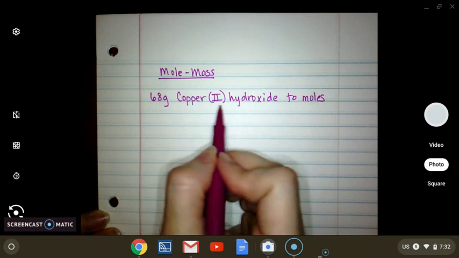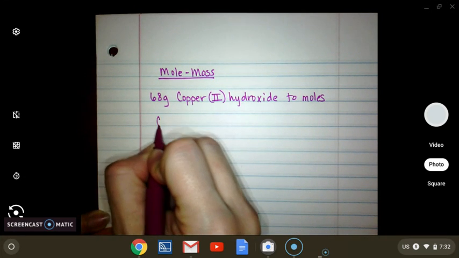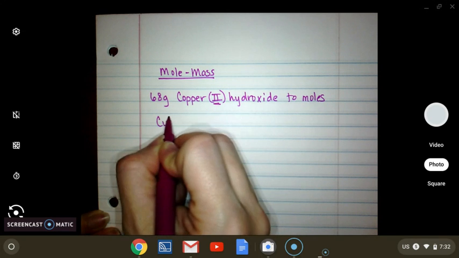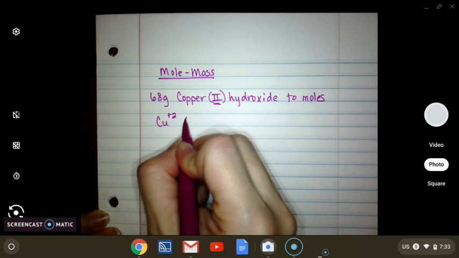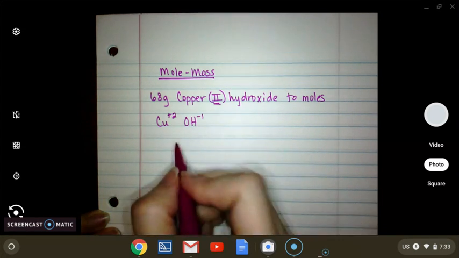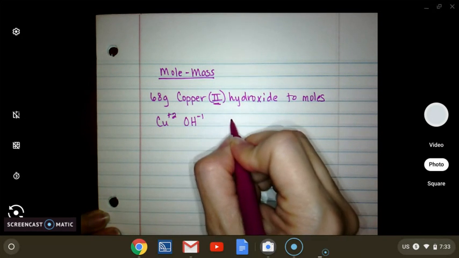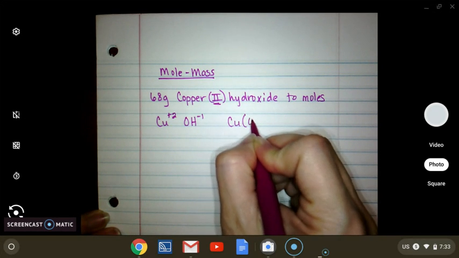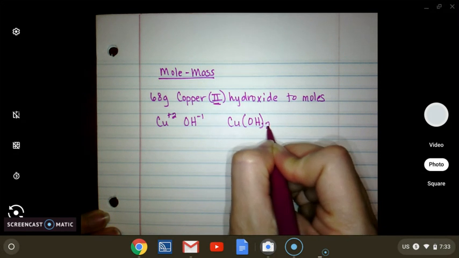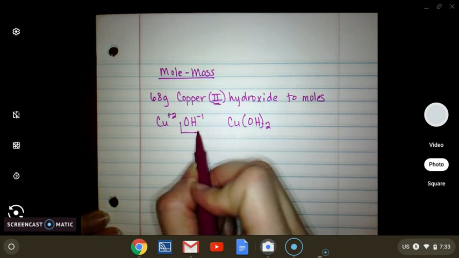So the first thing you do is find the molar mass. So copper is 2 plus, or plus 2. Hydroxide is negative 1. Remember, switch them. So you get Cu parentheses OH parentheses 2, because you have to keep that OH together.